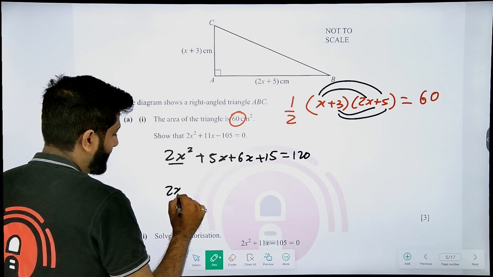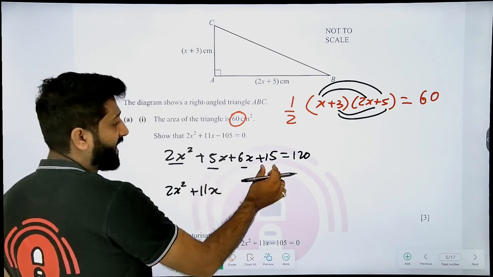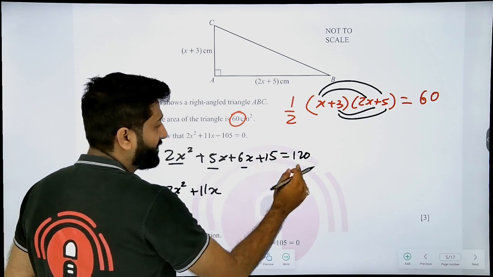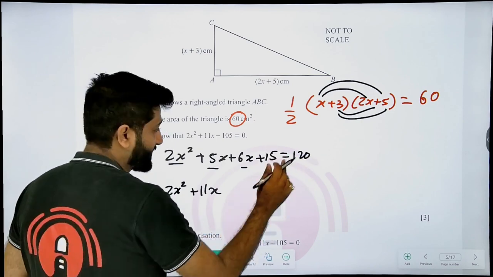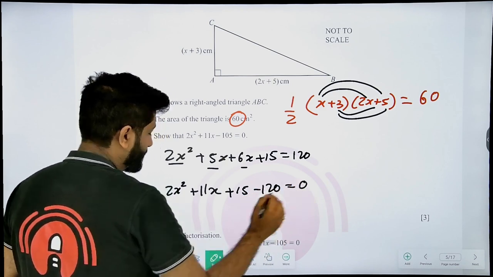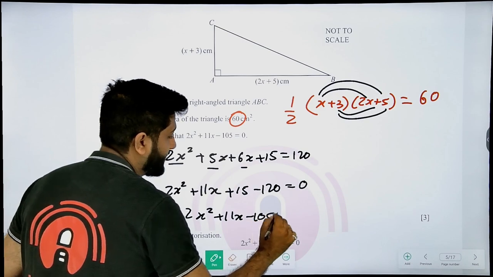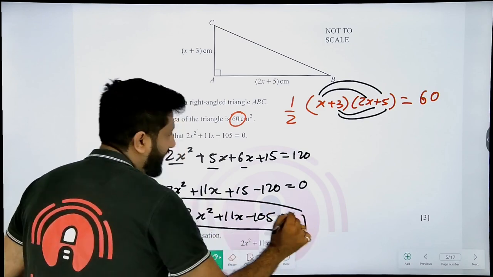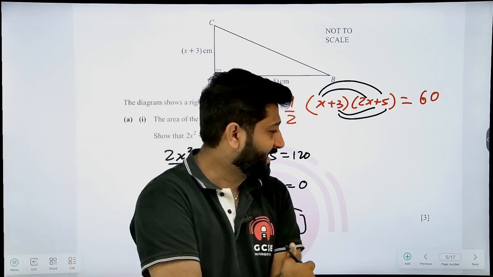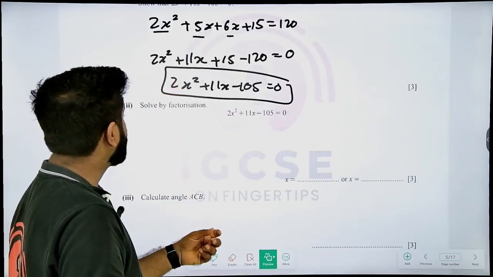So I have 2x square, 5x plus 6x is 11x, and plus 15 minus 120 equals 0. So I can easily simplify this and write this as minus 105, which is what I was supposed to prove. That's it.